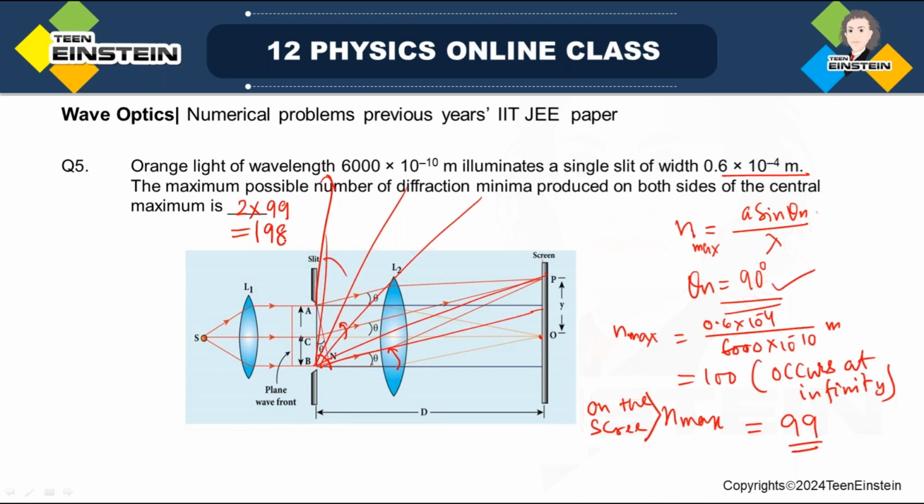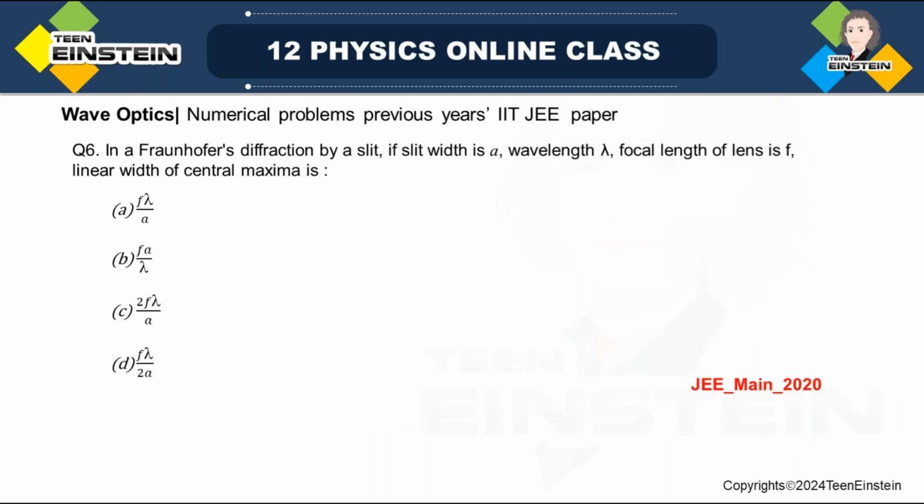You will see the maximum possible number of minima on both sides of the central maximum is 198. Okay, now let us go to the next problem.